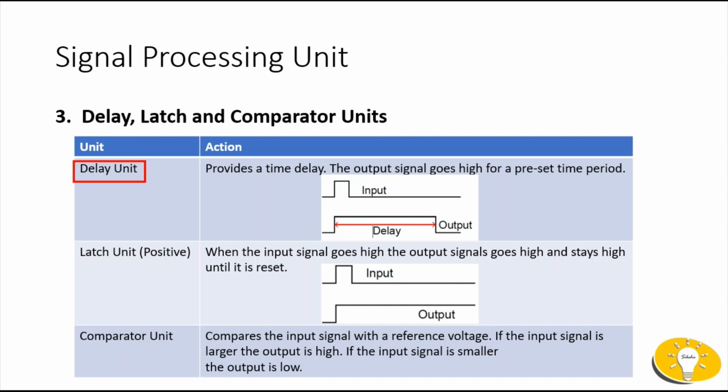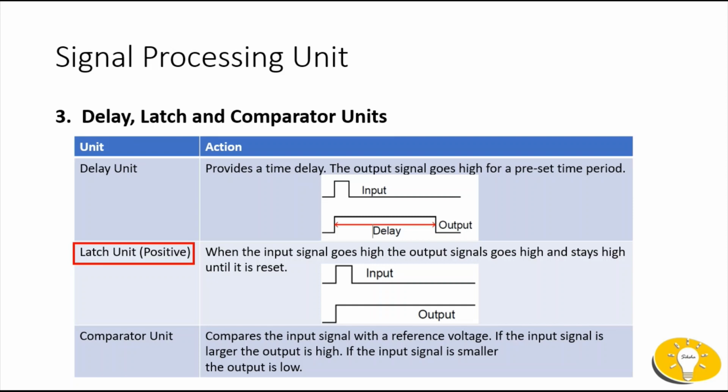At the end of the set time, the signal returns to its original state automatically. For example, you might have seen an external security light which is triggered by the movement of an object, and it stays on for a couple of minutes before being switched off automatically.